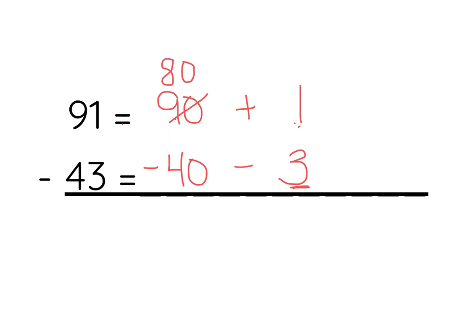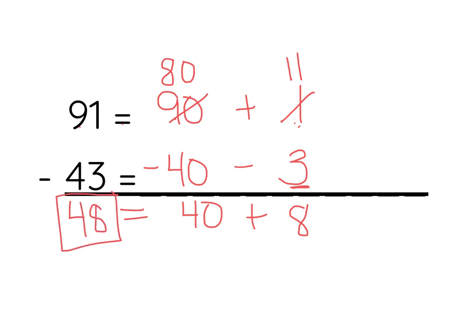So I rename it as an 80 plus 11 because that has the same value as 91. 11 minus 3 equals 8, and 80 minus 40 equals 40. 40 plus 8 equals 48.